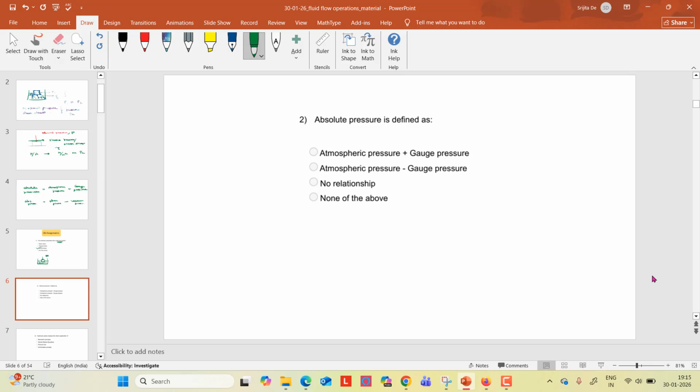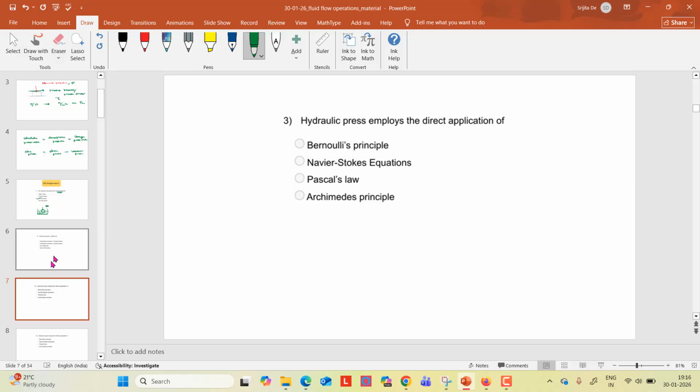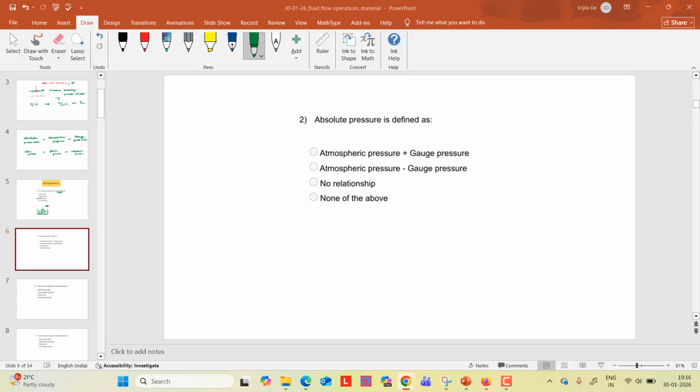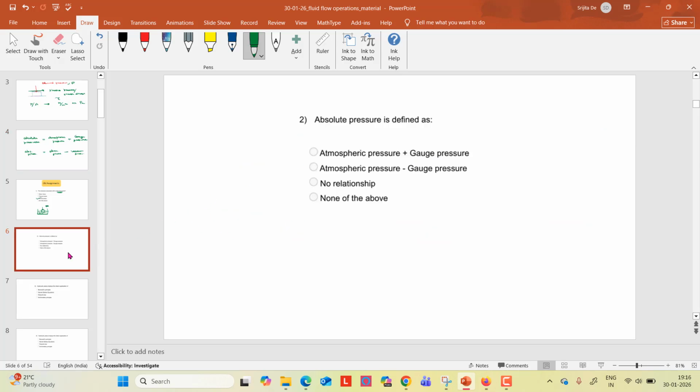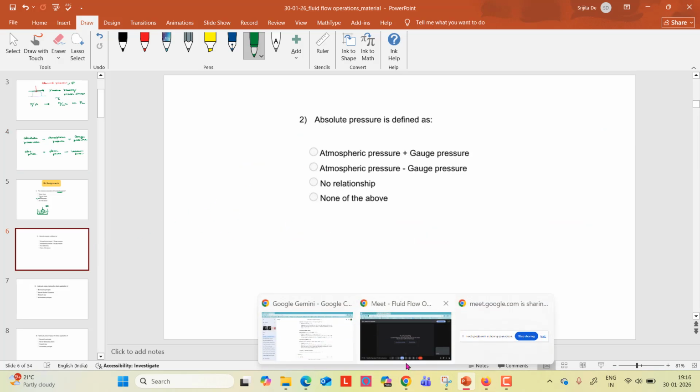Absolute pressure is defined as... so I have just said absolute pressure is the... from here only you can understand that absolute pressure is the atmospheric pressure plus gauge pressure, right?